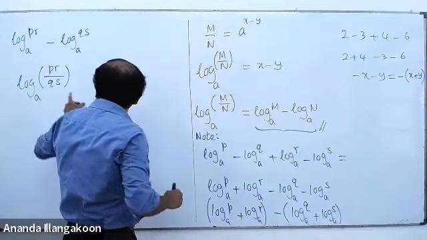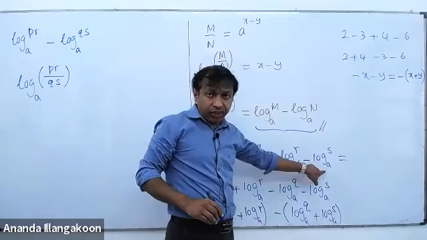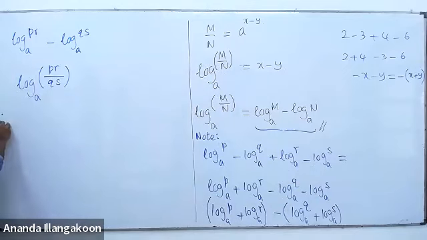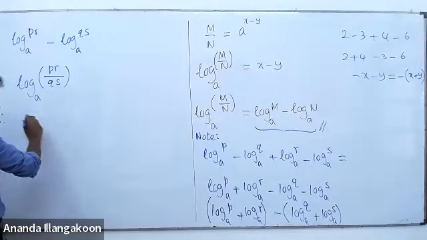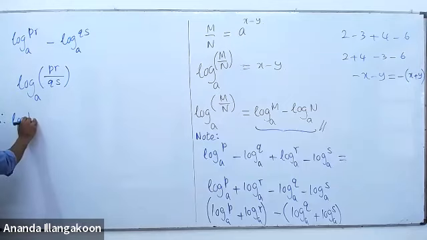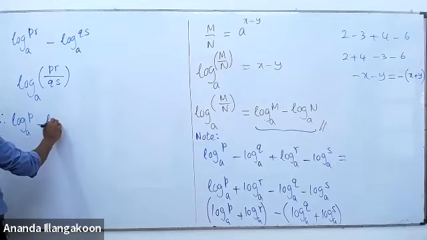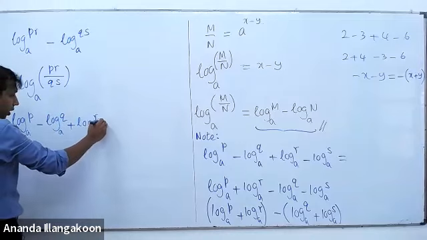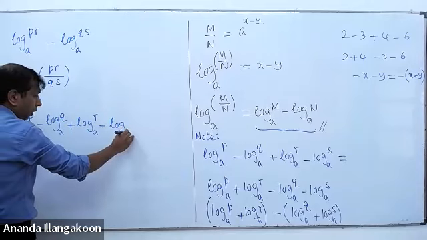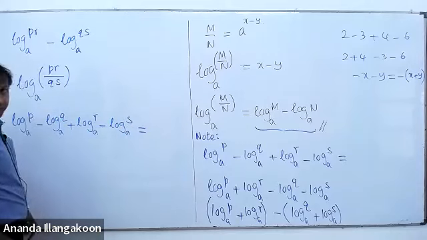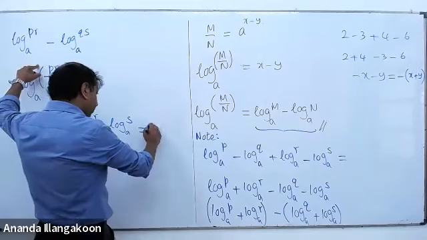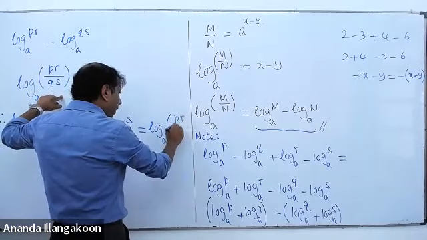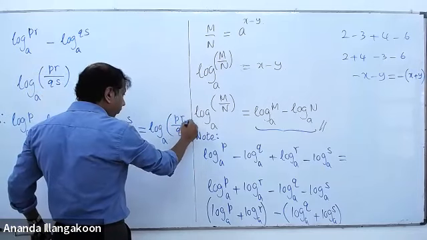Right? Now we wrote this for this long left hand side. Then I can write the result. Therefore, we can write what? This left hand side, log AP minus log AQ plus log AR minus log AS, equal to this: log A of PR divided by QS. This way.